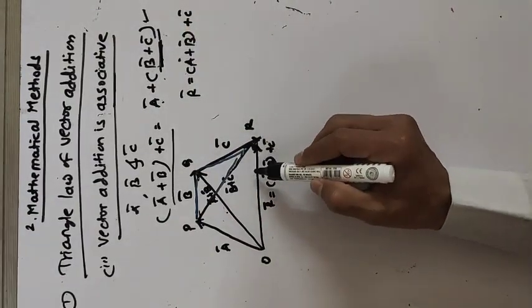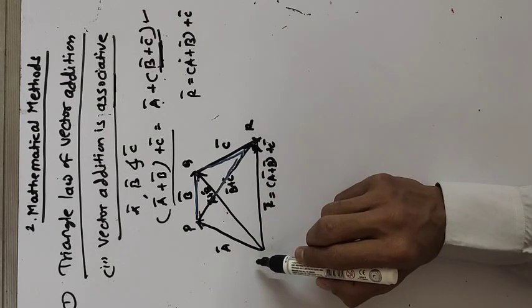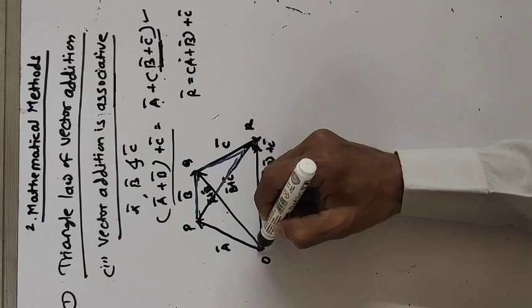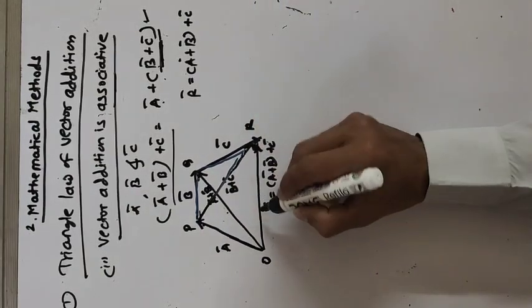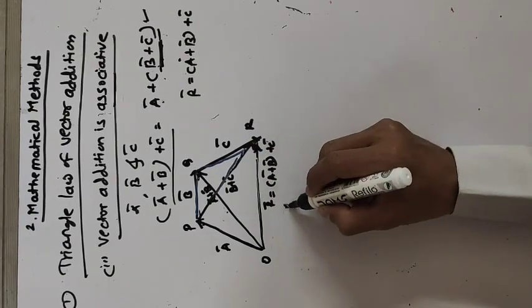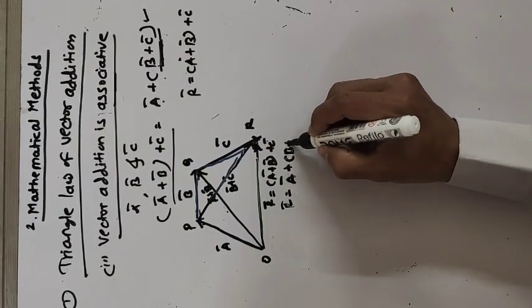Now we have to add this with vector a, because it is vector a plus b plus c. Then we get the resultant r bar is equal to a plus b plus c.